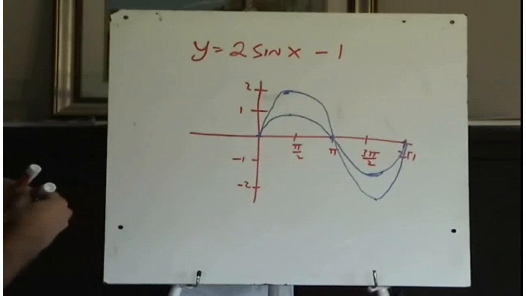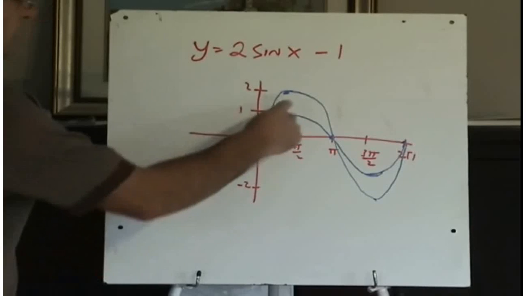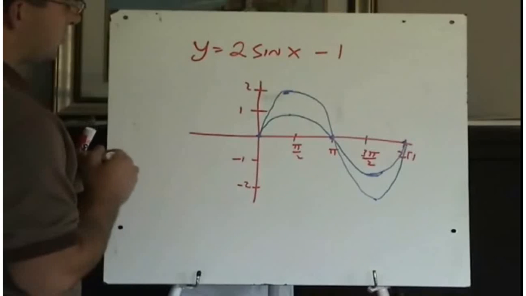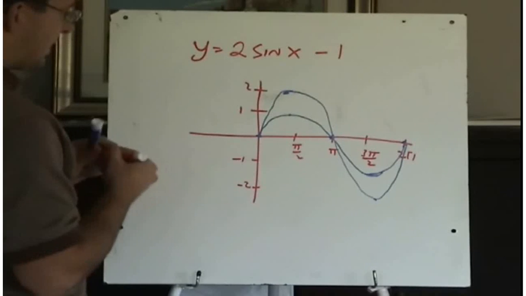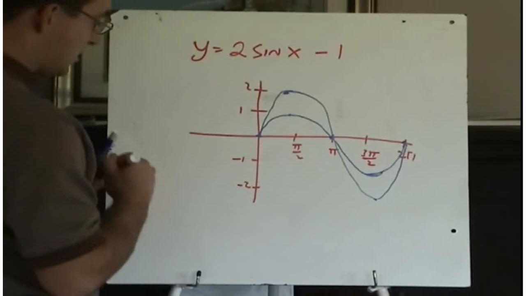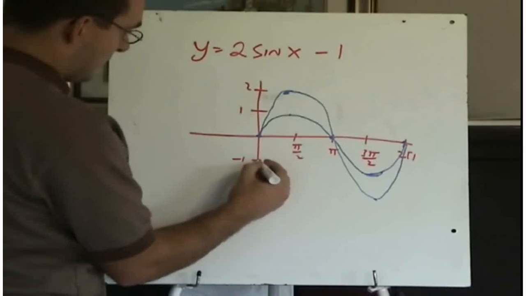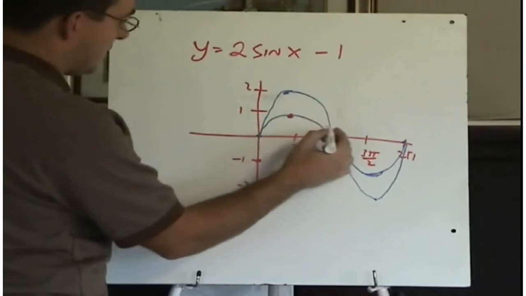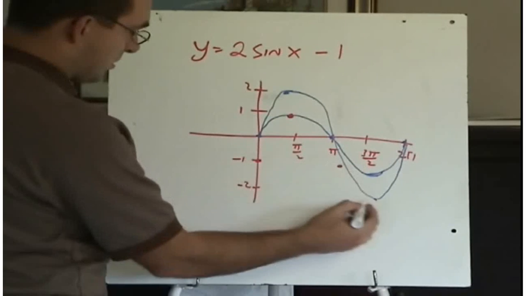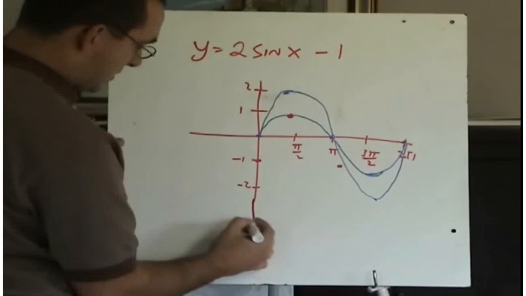So this function here would be a vertical expansion by a factor of 2. And now I need to take each of these points and move them down 1. Oh, we're going to need to go down to minus 3 here.